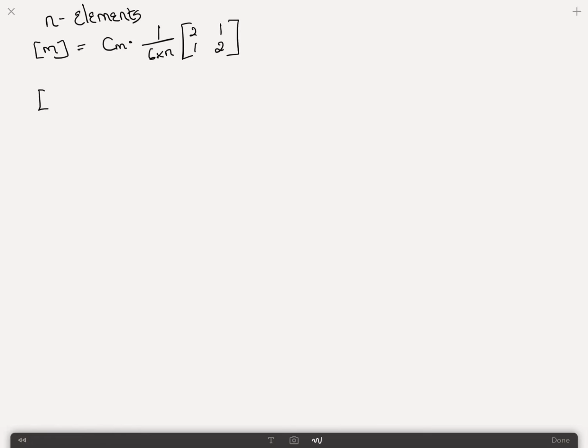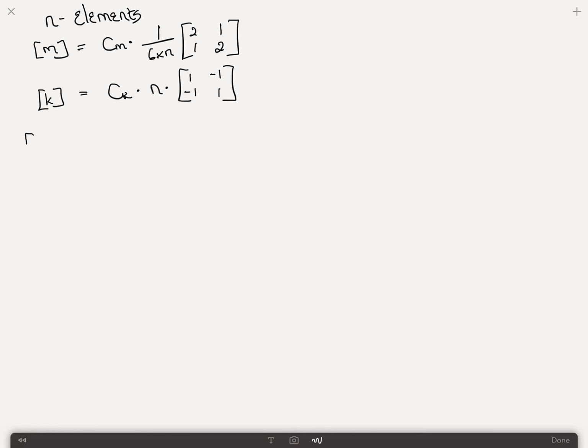And we find that little k is equal to Ck times n times 1, -1, -1 and 1. Okay. So now what we'd like to do is use a single element to solve for the fundamental frequency. So let's see how we go about doing that.